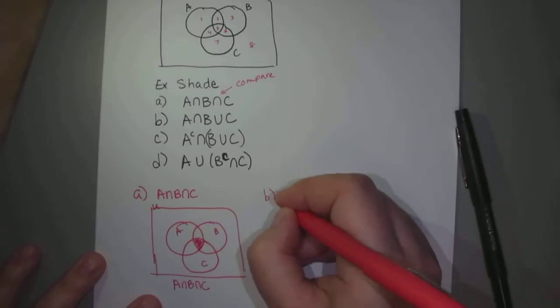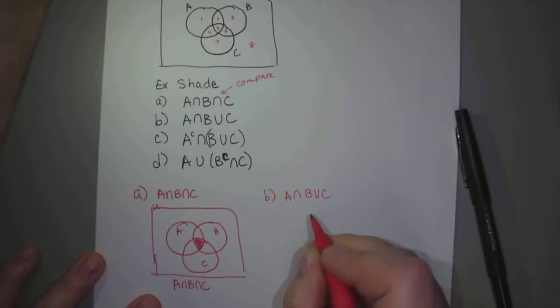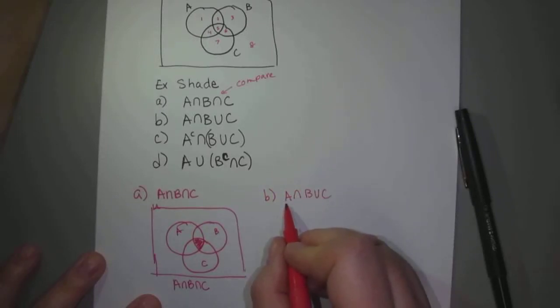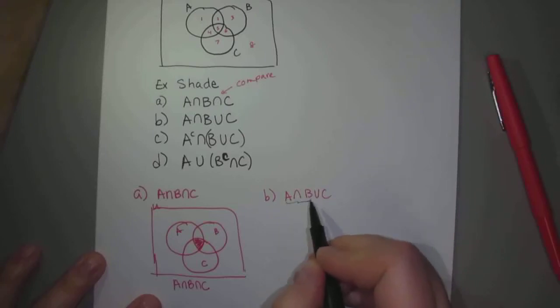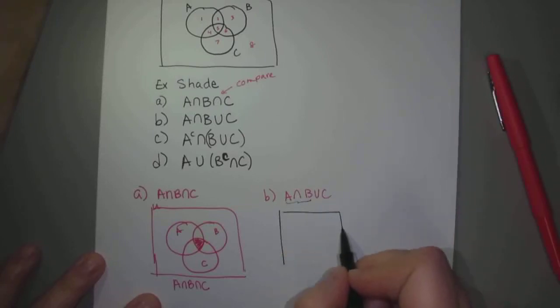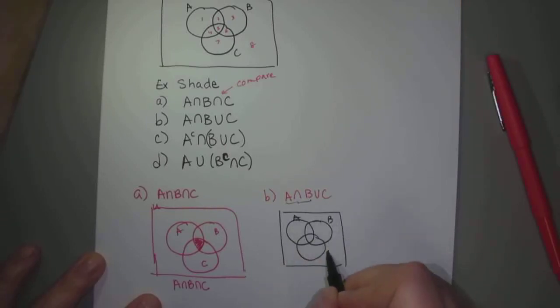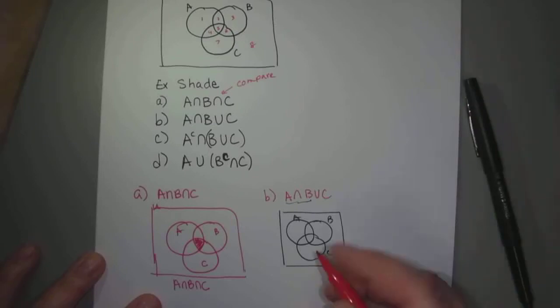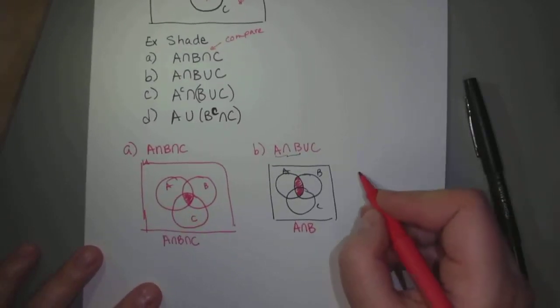So that's easy enough. Now if it doesn't have brackets, we're going to go from left to right. So what we would do first is A intersection B. So let's draw that. So I'll just label it under here, A intersection B. So that's what A and B both have in common.